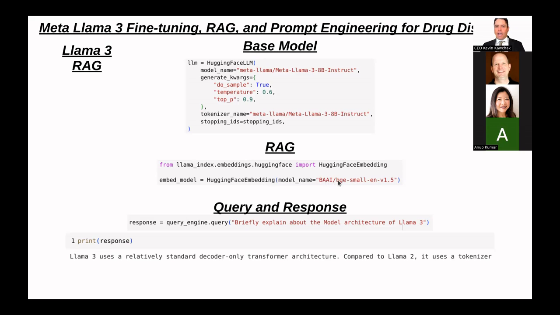And here's the RAG portion. So this BAAI, this is the author, and it's basically doing the retrieval off of the heart disease data set. On the first go, it said briefly explaining about the model architecture of Llama 3. This would be an expertise question that the base model would be good at.